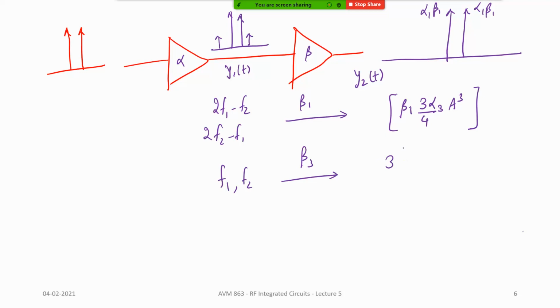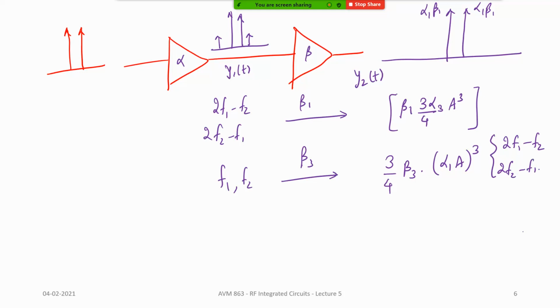So that will be, sorry, 3 by 4 beta 3 into (alpha 1 into A) the whole cubed, correct? This will basically be the tones which generate 2F1 minus F2 and 2F2 minus F1 purely by the second amplifier.